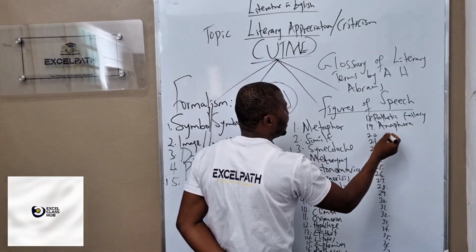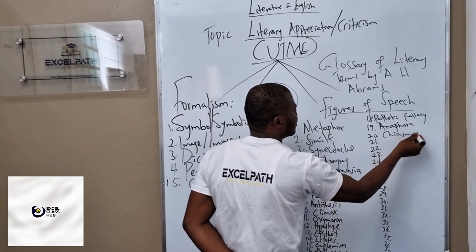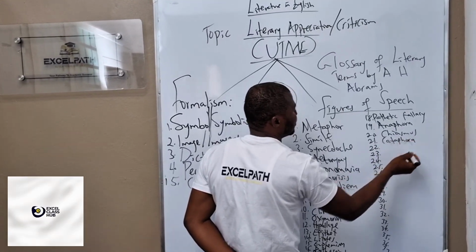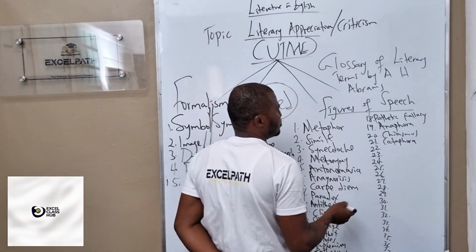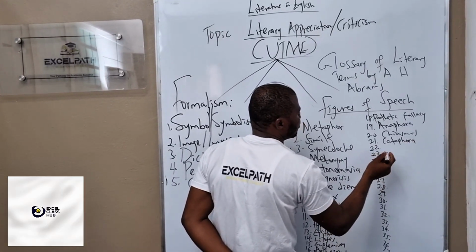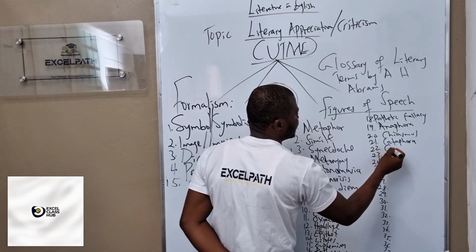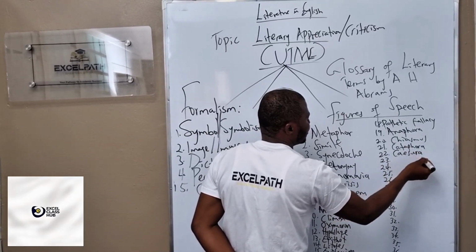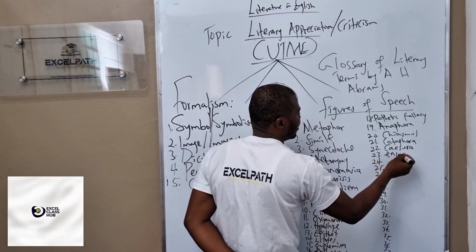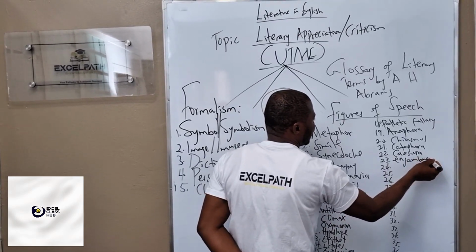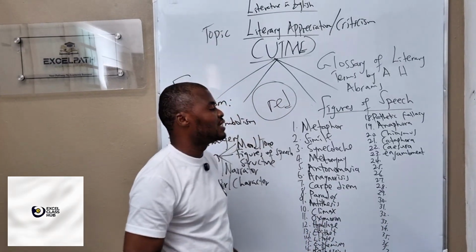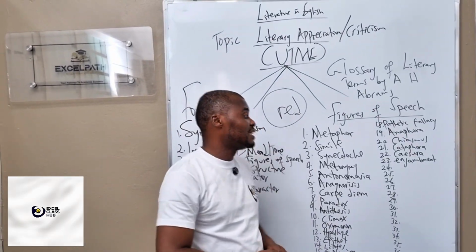Another one is chiasmus. Another one is cataphora. We have caesura. We have enjambment. You know, the list goes on and on.